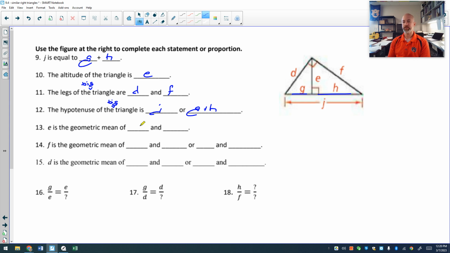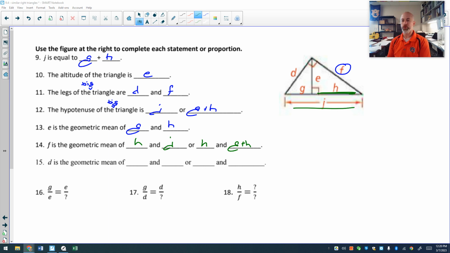So E is the geometric mean of G and H. F, now we're looking at a leg. F is the geometric mean of, and these are the geometric means of the piece of the hypotenuse that touches F and the whole hypotenuse. So H and J, or as we established, J is the same thing as G plus H. Are we good?